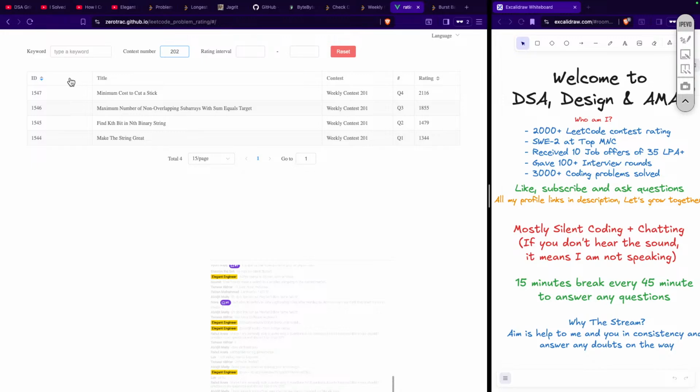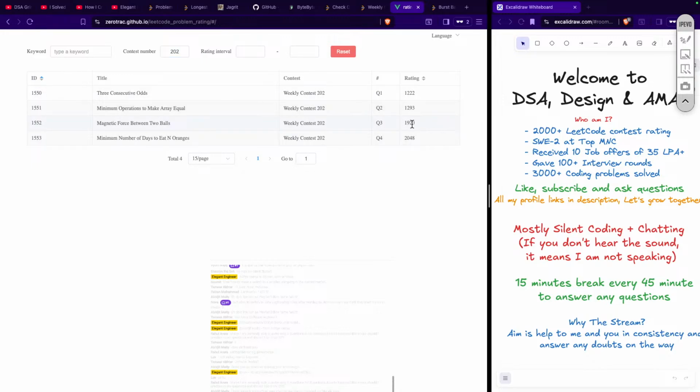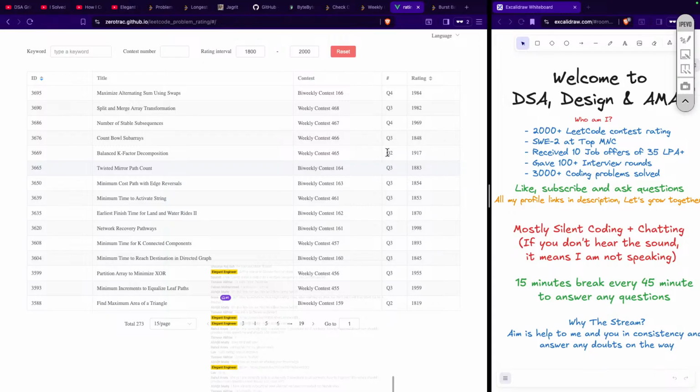If you see, the range of the third question is from 1800 to 1950 or 2000 maybe. Mostly these will be third questions, third or second. Once you do this every day, it will automatically come up. Do this every day.